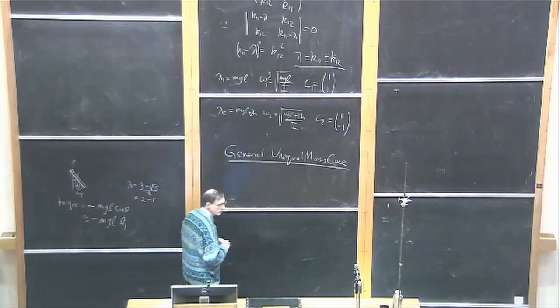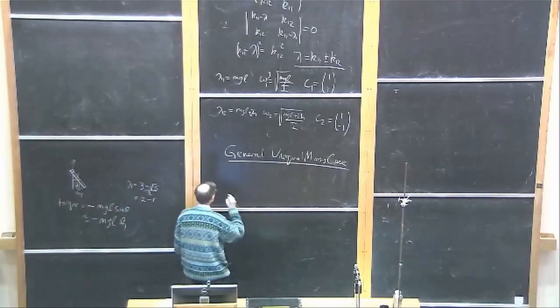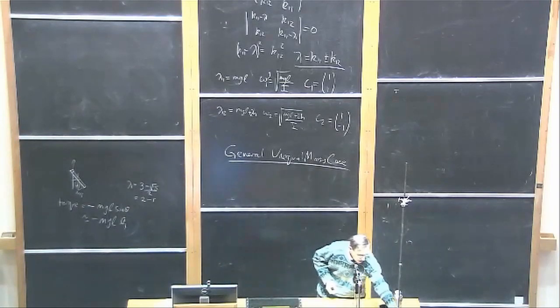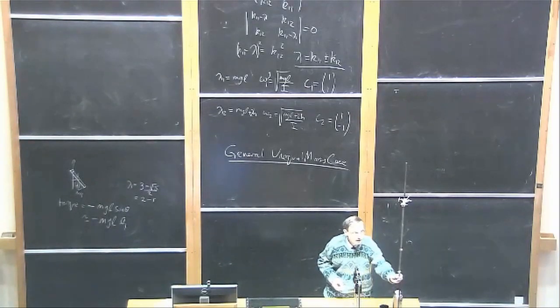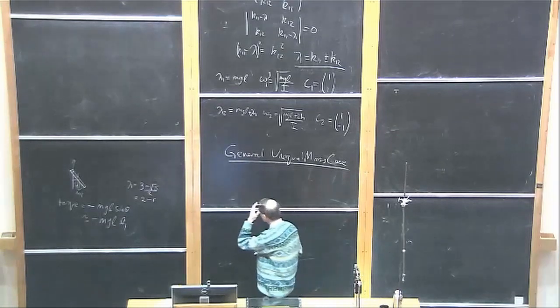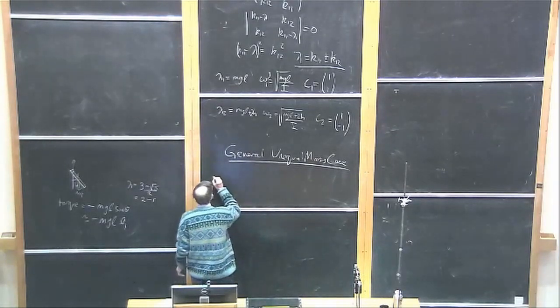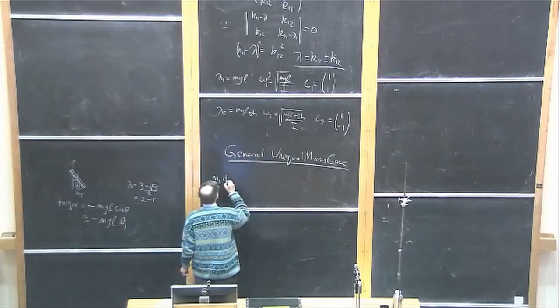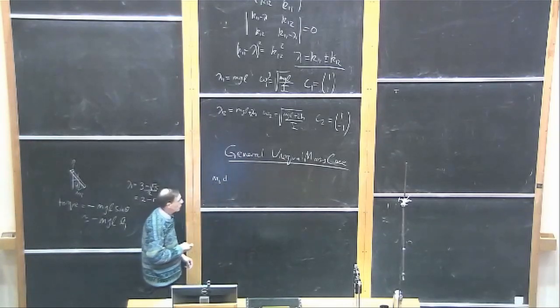So let's go back to the example we first looked at, but let's suppose that the masses are different. So the equations of motion, the two m's now have to acquire subscripts.